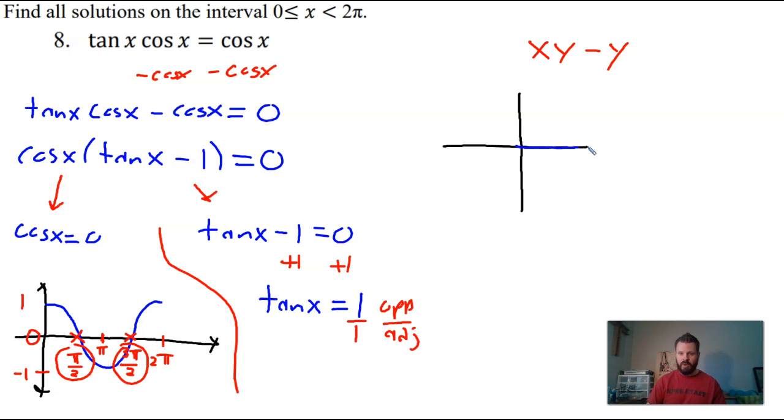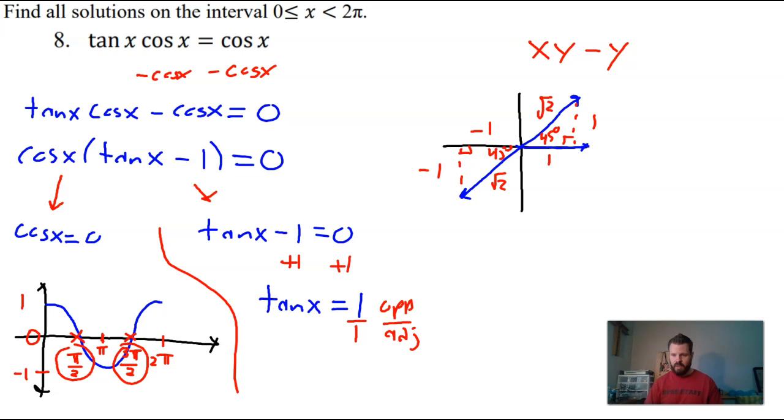Where is tangent going to be positive? Well, that would be in the first quadrant, where we'd have the opposite 1, adjacent 1, and hypotenuse would be root 2, because again, we're talking 45-45-90. And then tangent would also be positive in the third quadrant, like we've been seeing this semester, because there I'd have the negative opposite over the negative adjacent, so the double negative gives me a positive.